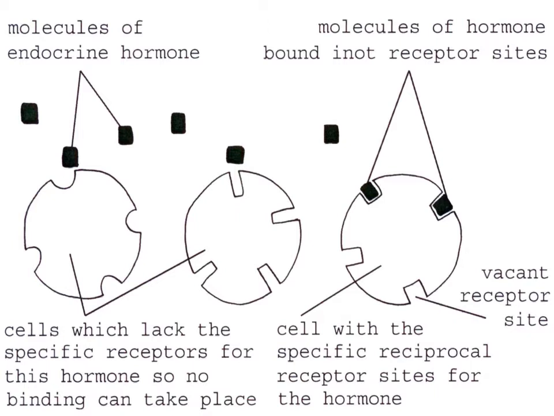And signal molecules are also sometimes referred to as ligands, depending on how you would like to pronounce it. So the ligand is the signal molecule that fits into the specific receptor site.